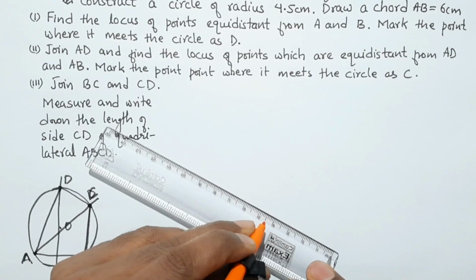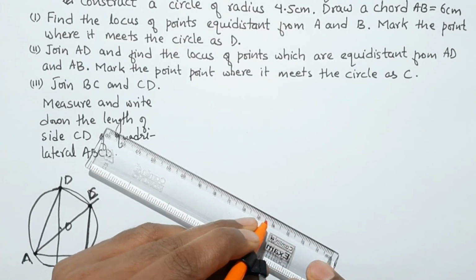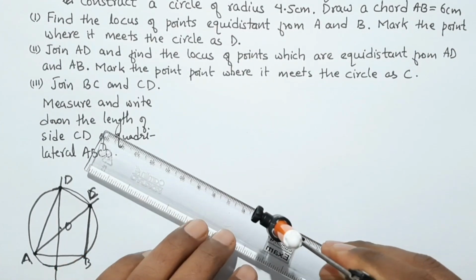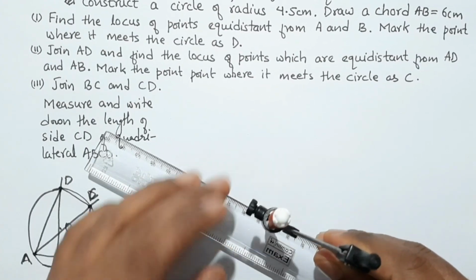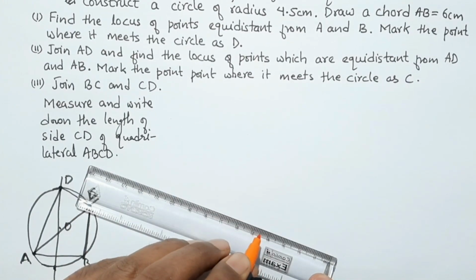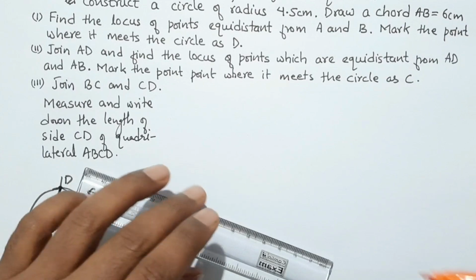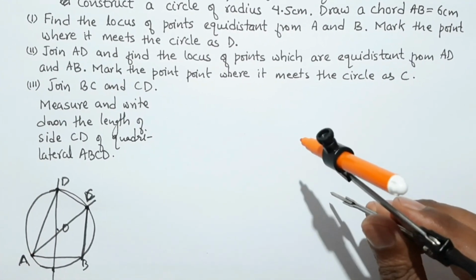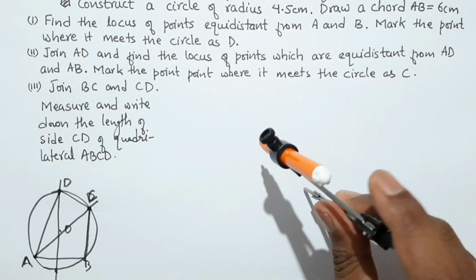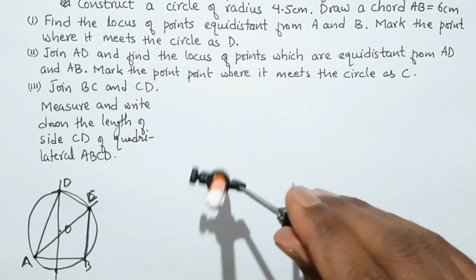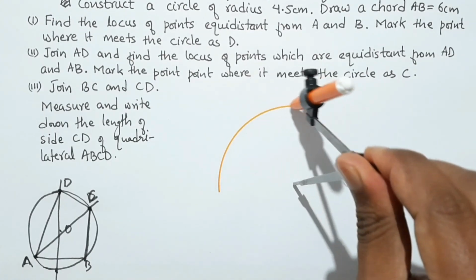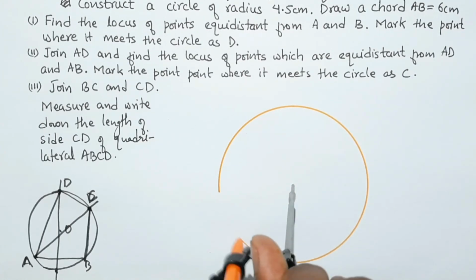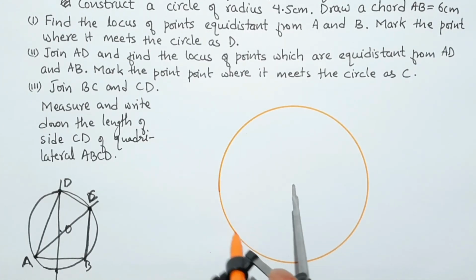You can measure this by drawing a 4.5 centimeter line and then measuring, whichever way is easier. So this is done. Now we have to draw a circle. So this is our circle of radius 4.5 centimeter.